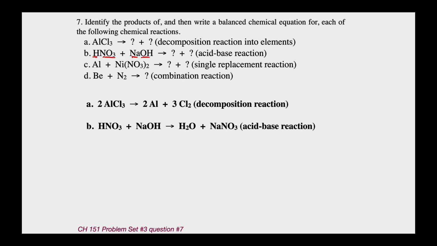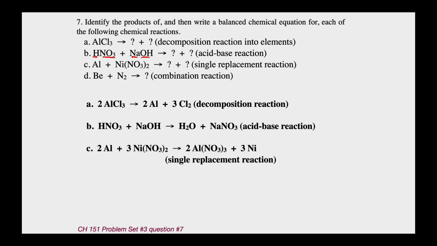On the reactant side, though, you can see we have Ni(NO3)2, a nickel +2 and 2 -1s. So you've got to get the nitrates to balance first, then you can go and balance the aluminum and the nickel. And if you do that, it's 2Al plus 3 Ni(NO3)2, and that makes 2Al(NO3)3 plus 3 nickels.